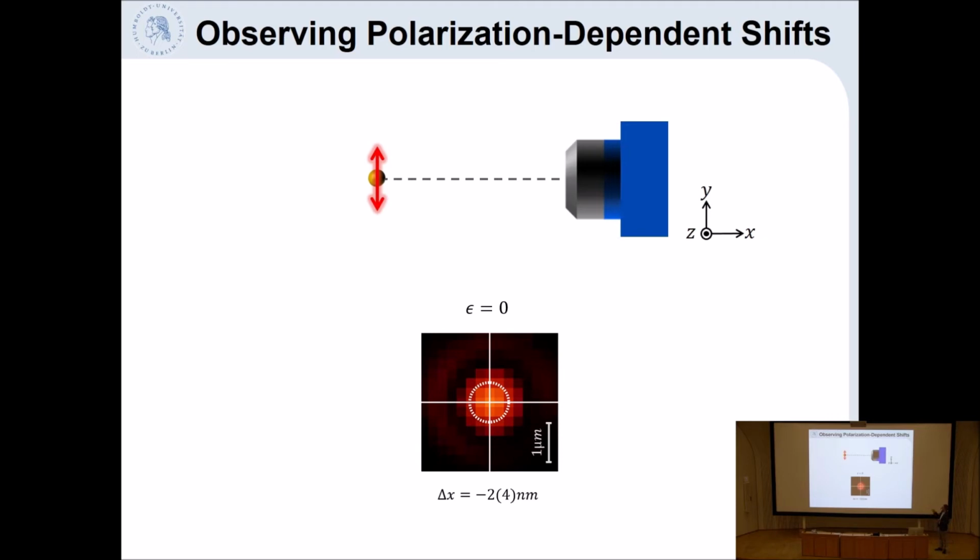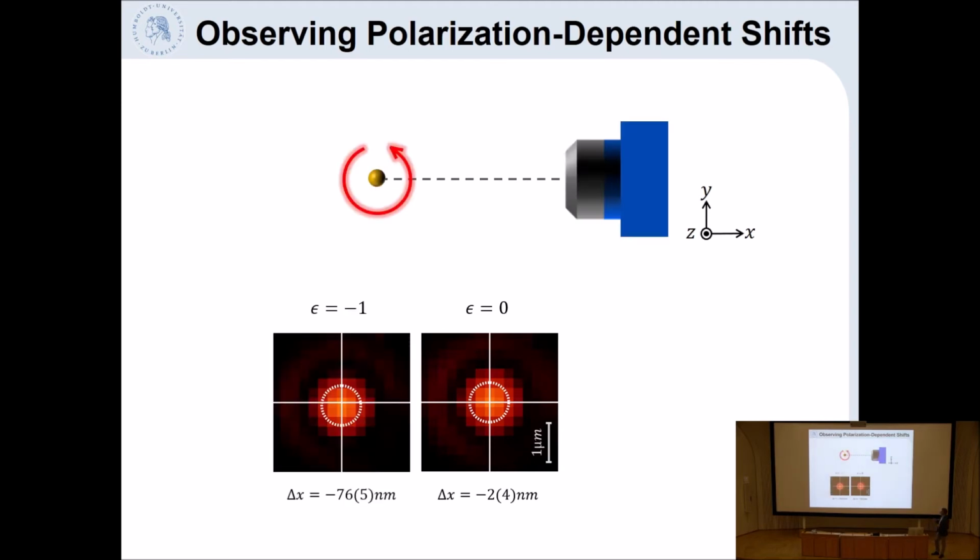And now we illuminate the emitter with light that comes from a direction orthogonal to the screen and which is circularly polarized and turns counterclockwise. So this corresponds to this ellipticity ratio being -1, okay?